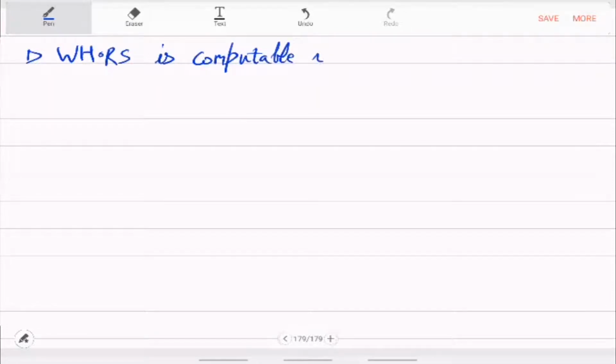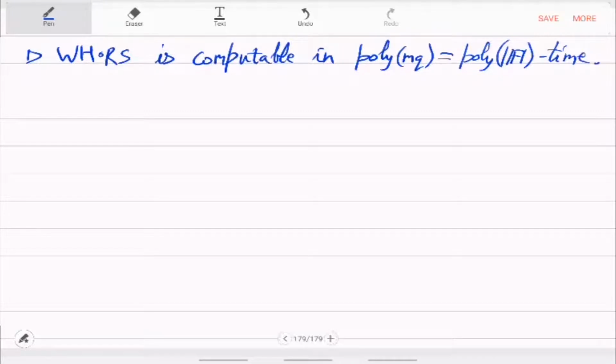So, you can observe that Walsh-Hadamard Reed-Solomon is computable in poly mq, which is equal to poly field size. It is completely polynomial time, deterministic polynomial time computable.